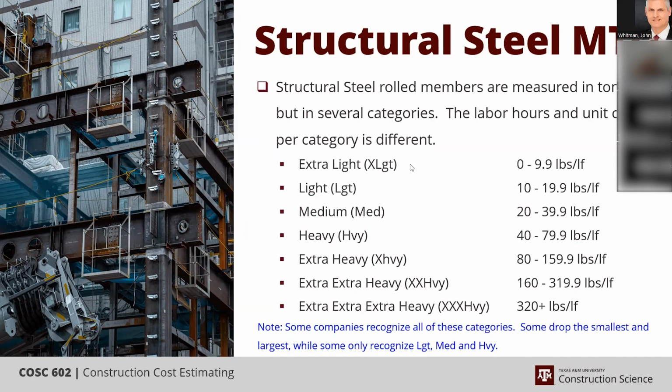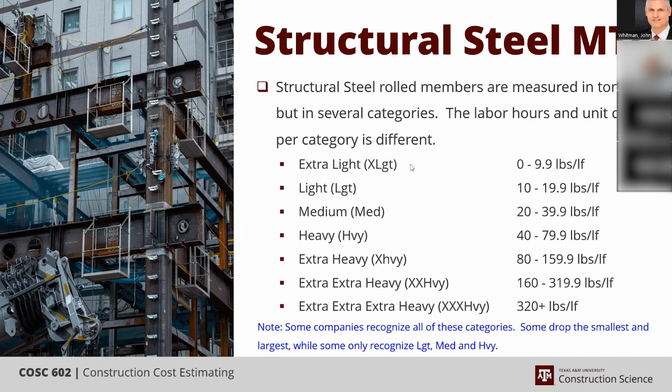The majority of their work is in the light, medium, and heavy categories. So they're not even worried about touching steel members that are over 160 pounds or much over 80 pounds, because they just don't see it very often. It's a one-off for them, so they're focusing on their core activities and their core expertise.